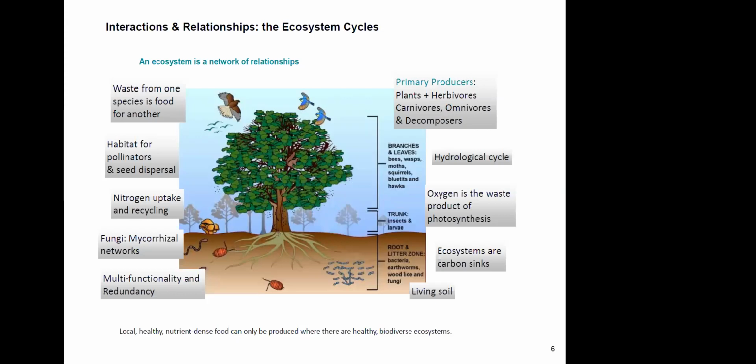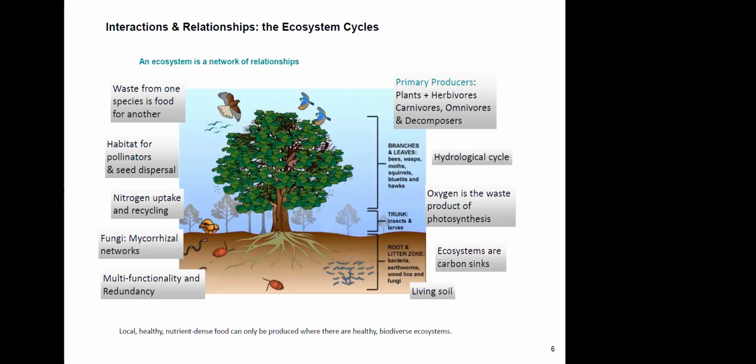We have the hydrological cycle itself, which is present all the time, because if we're creating a real ecosystem, we're holding water within it, but we're also putting in more plants that transpire and send more water vapor back up into the hydrological cycle. And of course, we're creating oxygen too.